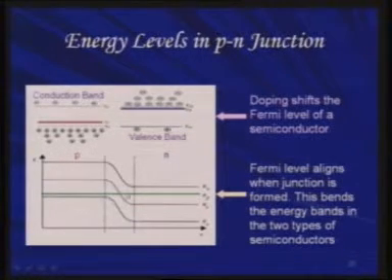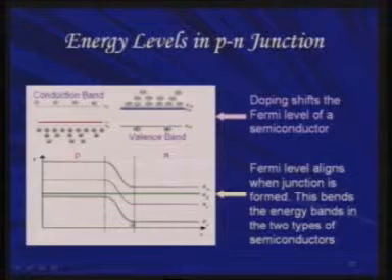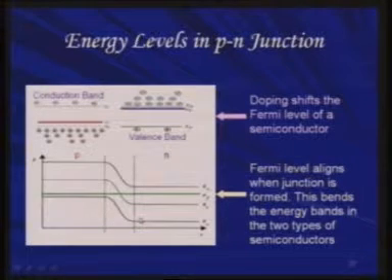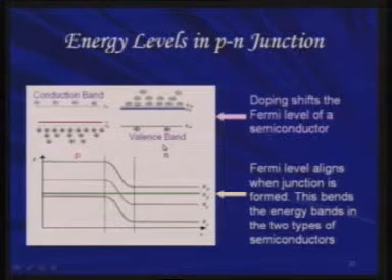In order to match these two, the valence bands and the conduction bands have to bend. They are bending the bands and forming a depletion layer here, and you are going to have a Fermi level which is matched here. Now this band bending is also very useful when we discuss the electronic devices that are at work.